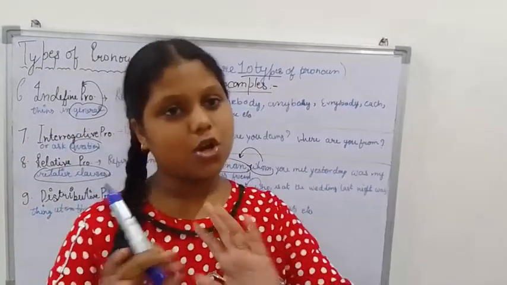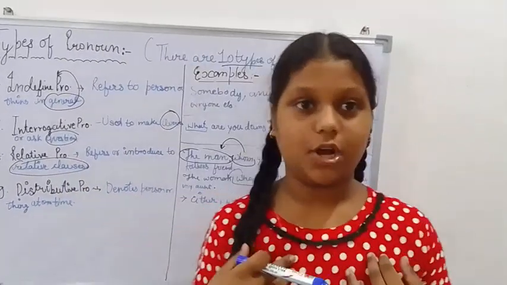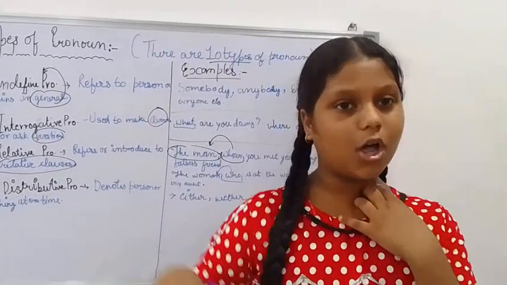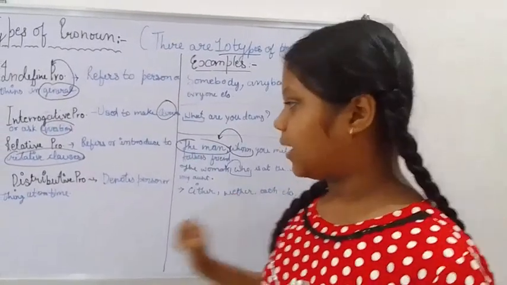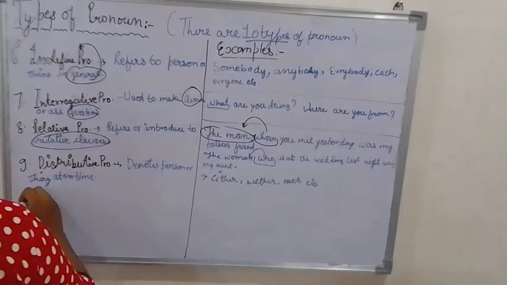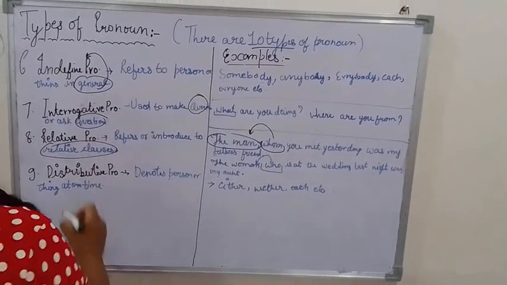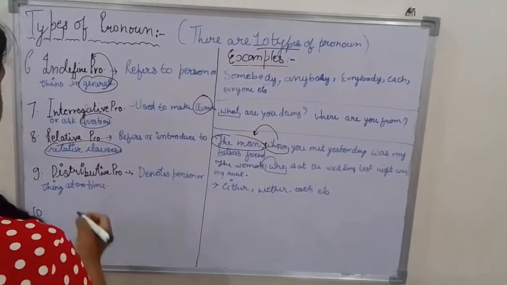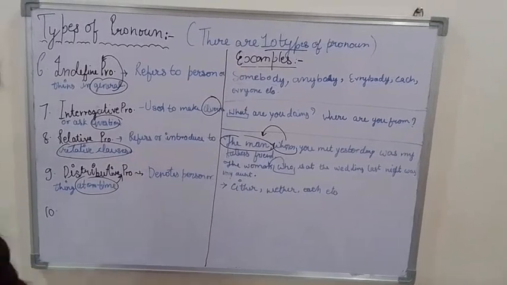Neither means I would not wear. Each means each one of you are my children, means you are referring to all of them, but you are referring also to each of them. So this will come in distributive pronoun. Let me tell you a keyword to learn distributive: denotes person or thing at one time. At one time means distributive.